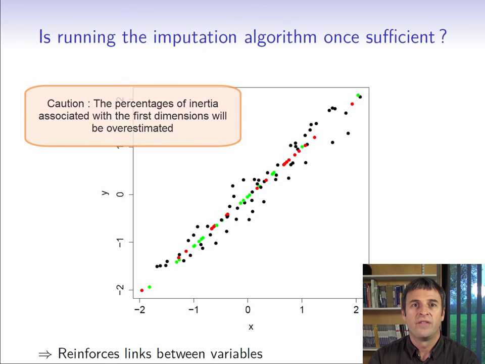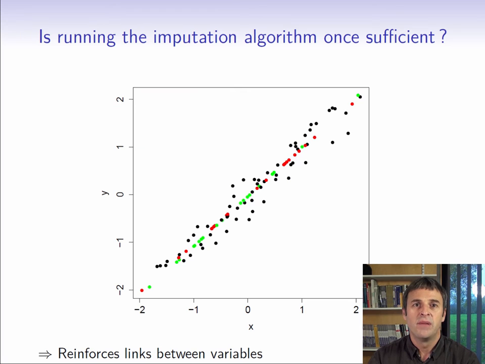Therefore, the percentages of inertia for the PCA associated with the first dimensions of the PCA will be overestimated if we impute missing data. Therefore, when we move to interpreting the results, we should not go overboard in what we say about the percentages of inertia associated with the first dimensions, especially if there are a great many missing data.